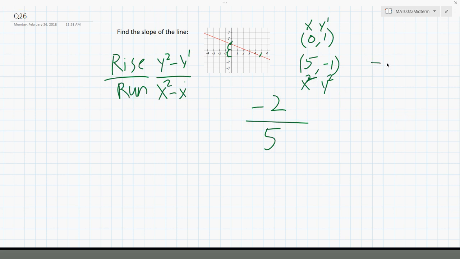So my y2 is -1 minus +1, right? And then I've got my x2 being 5 minus my x1, which is 0, right? That's my point, right? No, let's check the 0, 1.